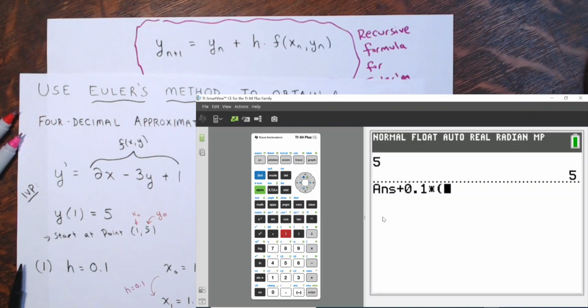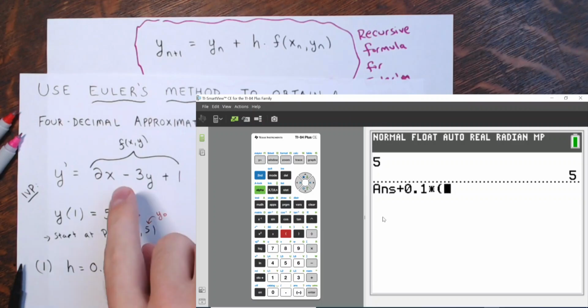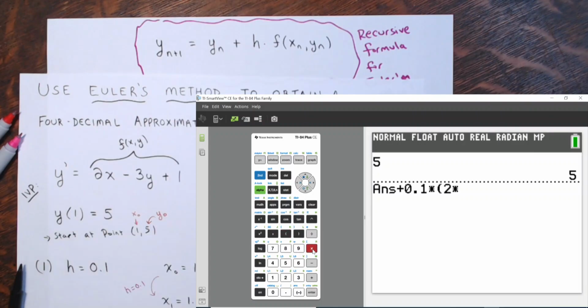Now f of x, y was this 2x minus 3y plus 1. So I go 2 times, and then x sub n. Well, x sub 0 in this case, right? Because we're finding y1. X sub 0 is 1, but since I'm going to be adding 0.1 every time, I'm going to do that in 2 decimal places.